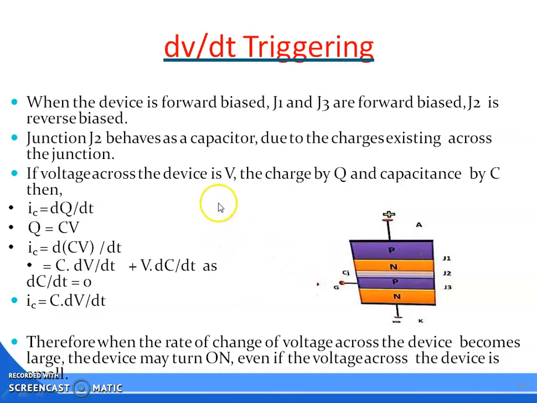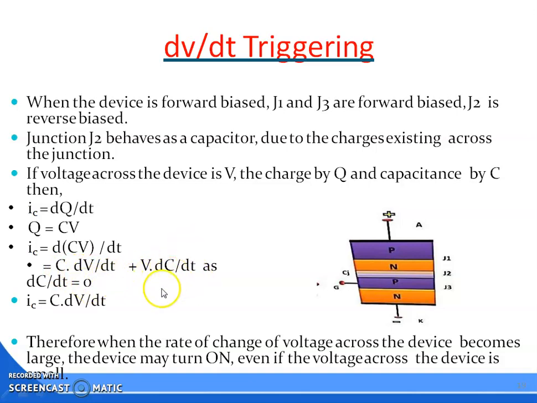If the voltage across the device is V, the charge is Q and the capacitance is C, then IC is equal to dQ/dt, that is, the rate of change of charge, which is nothing but current. Q is equal to C times V. Taking the derivative of both sides, dQ/dt is the derivative of C times V. dQ/dt is nothing but IC, the charging current, which is equal to C times dV/dt plus V times dC/dt.